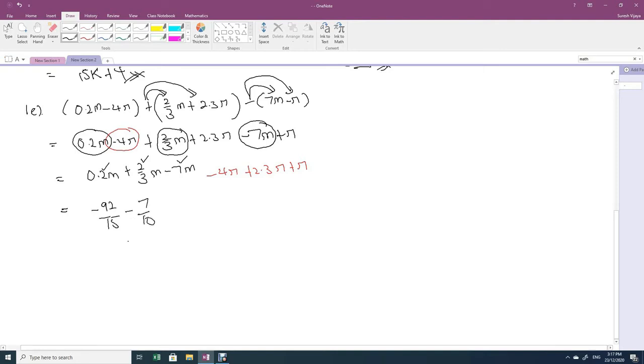Then we have negative 7 over 10 n. That's for the variable n.